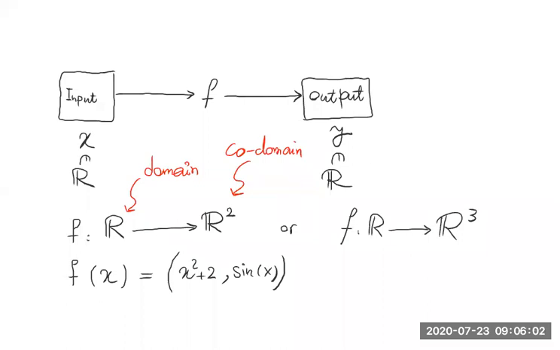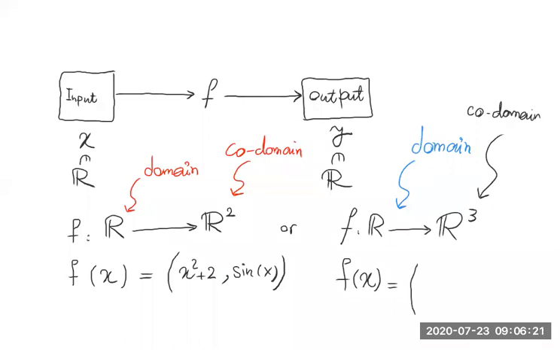In the second example, it's similar. The domain is, again, one-dimensional. So f takes only a value, a number, but the result, the codomain, is something three-dimensional. So f of x is a vector in R3, it has three components. Say the first component is x plus 1, the second component is x squared, the third component is 2 over x.